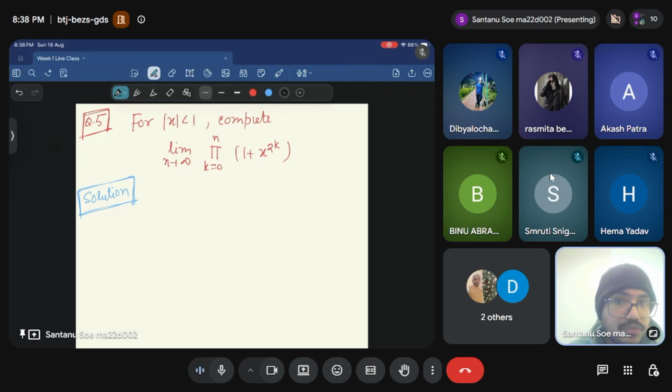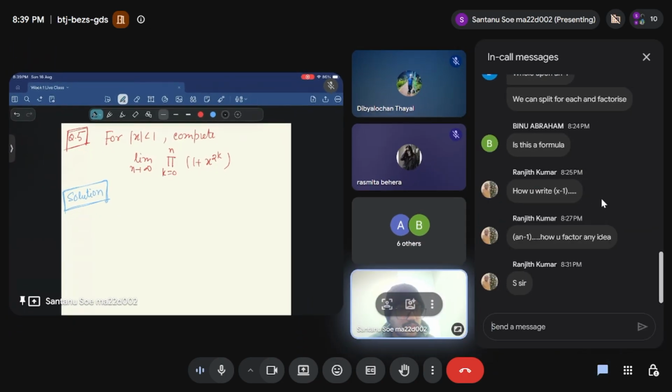If you put k equals 2, it will be x to the power 4, and it goes on like this. Shall I solve it, or do you guys have any opinion, any answer?